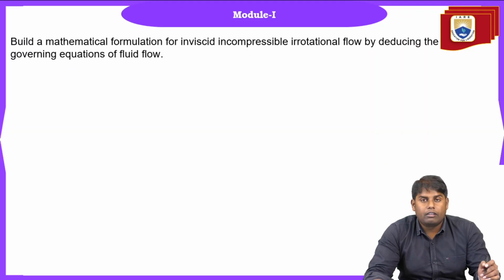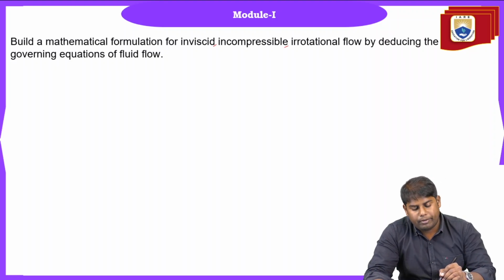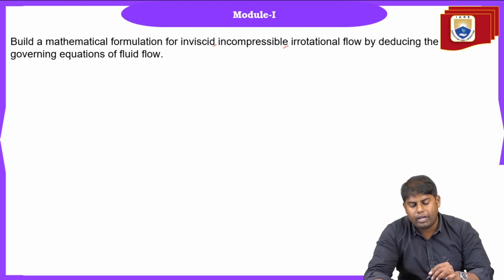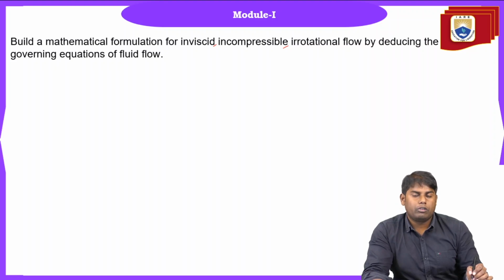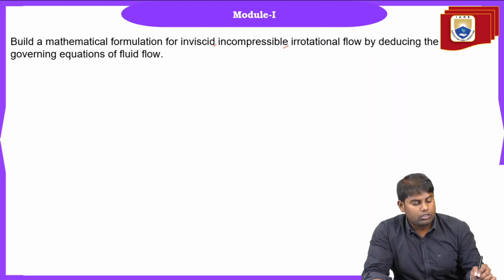So here we can see the question: build a mathematical formulation for inviscid incompressible irrotational flow by reducing the governing equations of fluid flow. Okay, so here what do we have? Basically, the meaning of inviscid is that the viscous force, the mu, we will take as negligible.